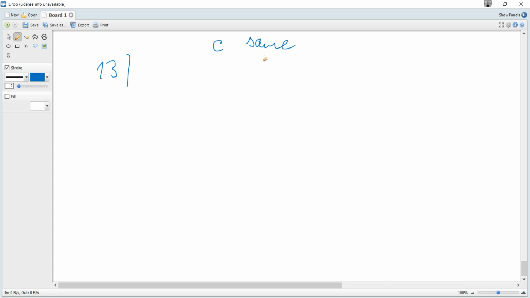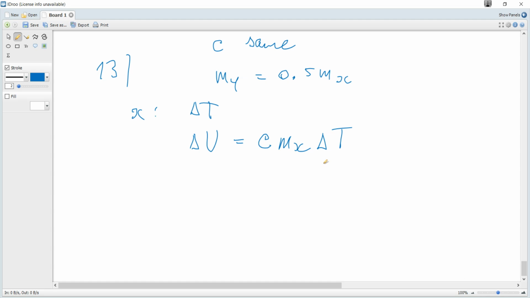And the mass of block Y is half the mass of block X. The change in temperature of block X has magnitude delta T, and the change in internal energy of block X has magnitude delta U. And this delta U, its formula c m delta T, becomes c m_X delta T.